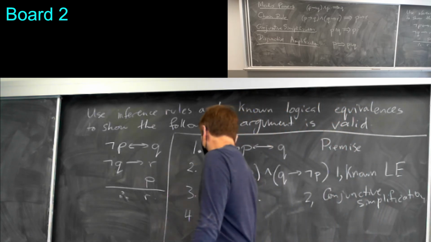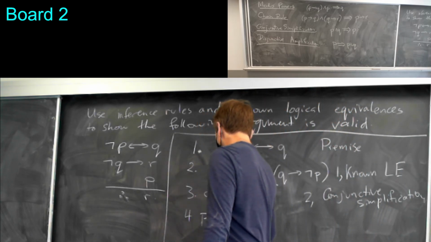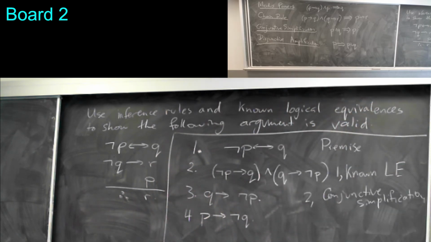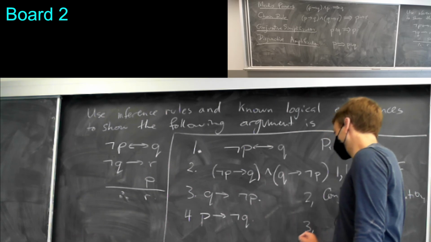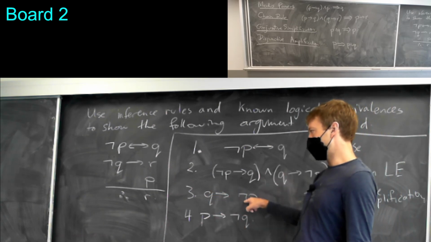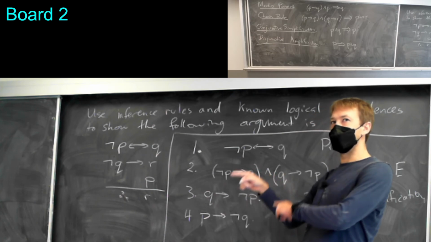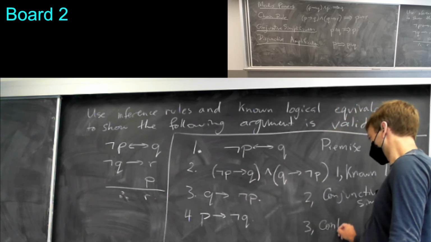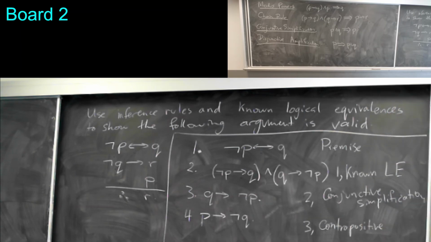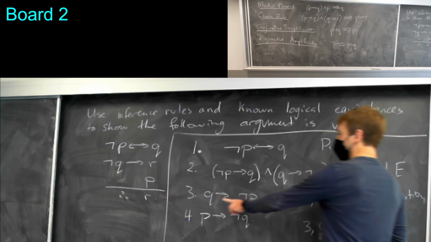Now what I'm going to do is this. Why can I do that? Yep, exactly. So what I'm using to get this is I'm using 3, right? And I'm using the contrapositive. So remember, what's the contrapositive of an implication?